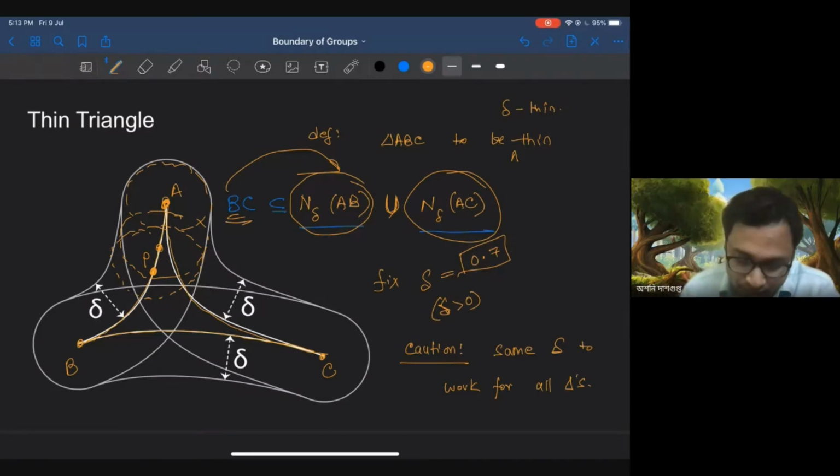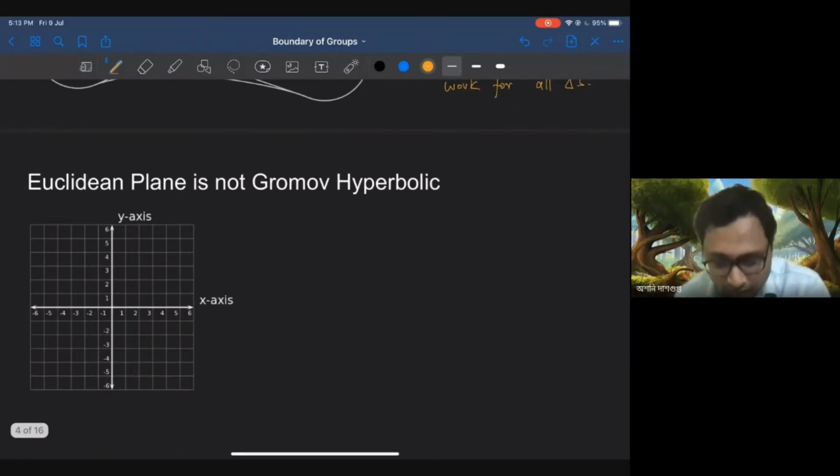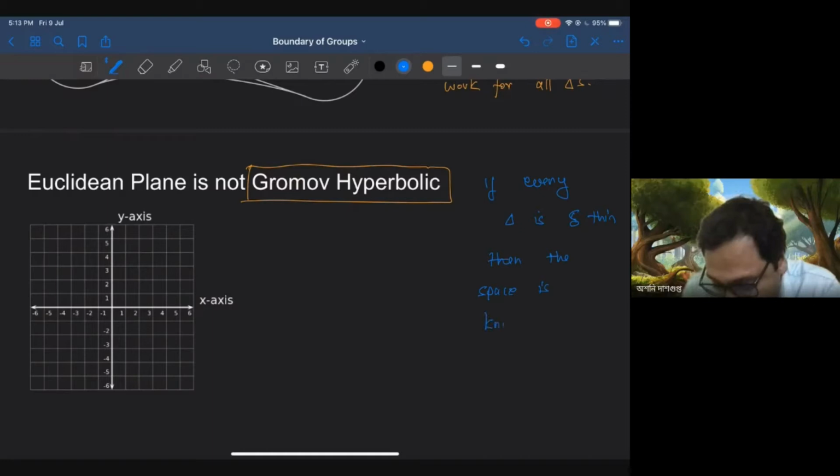Okay. So I'll give you a sort of a counter example. But before I do that, let me tell you what is Gromov hyperbolic. It's very simple. If every triangle is delta thin, then the space is known as Gromov hyperbolic.